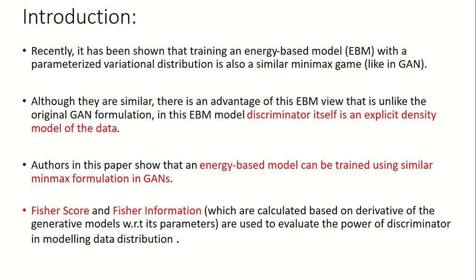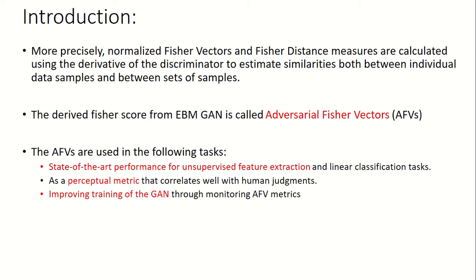So this normalized Fisher vector and Fisher distance are calculated, as I said, using the derivative of your generative model, where here the generative model that we are thinking of is our discriminator, to estimate similarity between both individual data points and even sets of samples, which is not a trivial task in general.